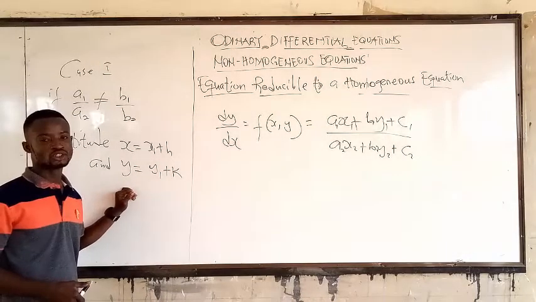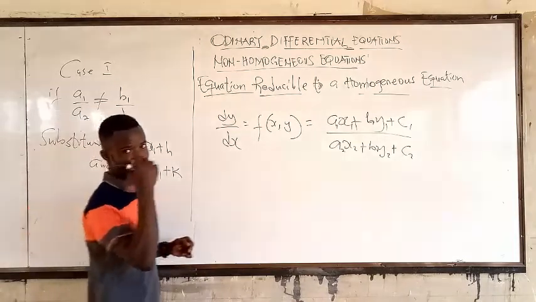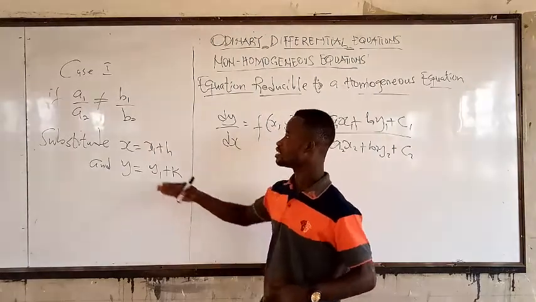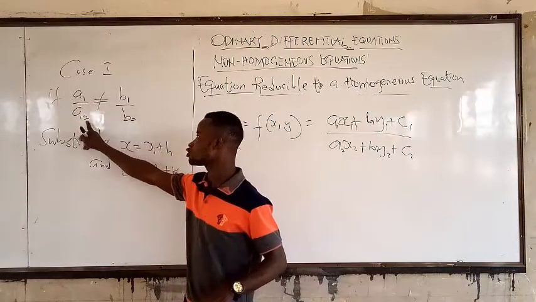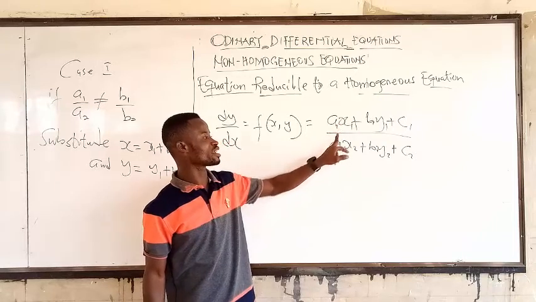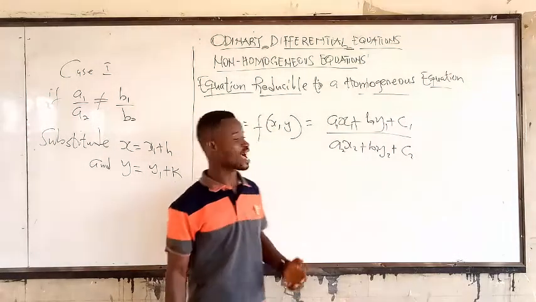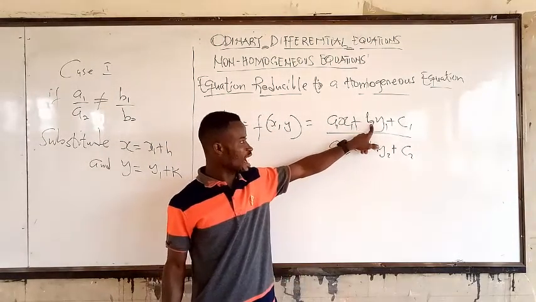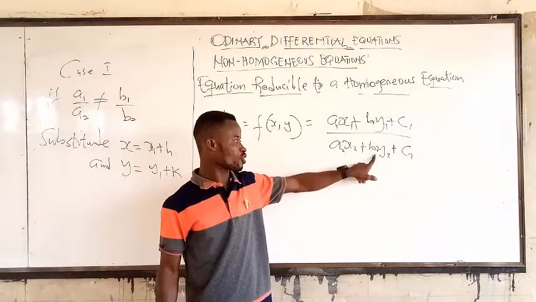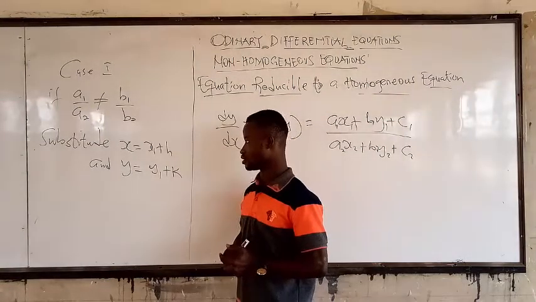Wherever you see y, you put y1 plus k. Don't forget, that is when a1 over a2, the coefficient of x in the numerator and the denominator, is not the same as b1 over b2, the coefficient of y in the numerator and the denominator. And that is what we are talking about.